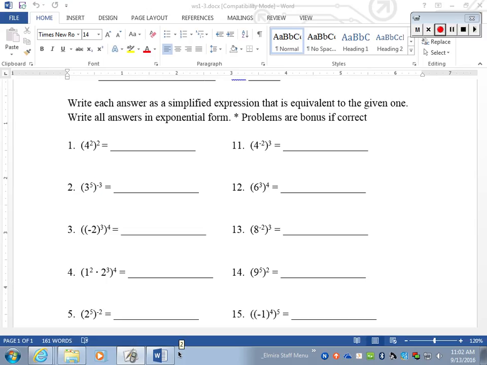So if I'm doing number 1, keep my base. 2 times 2 is 4. If I'm doing 11, keep my base. Negative 2 times 3 is negative 6. And then convert that to a fraction: 1 over 4 to the 6th power.